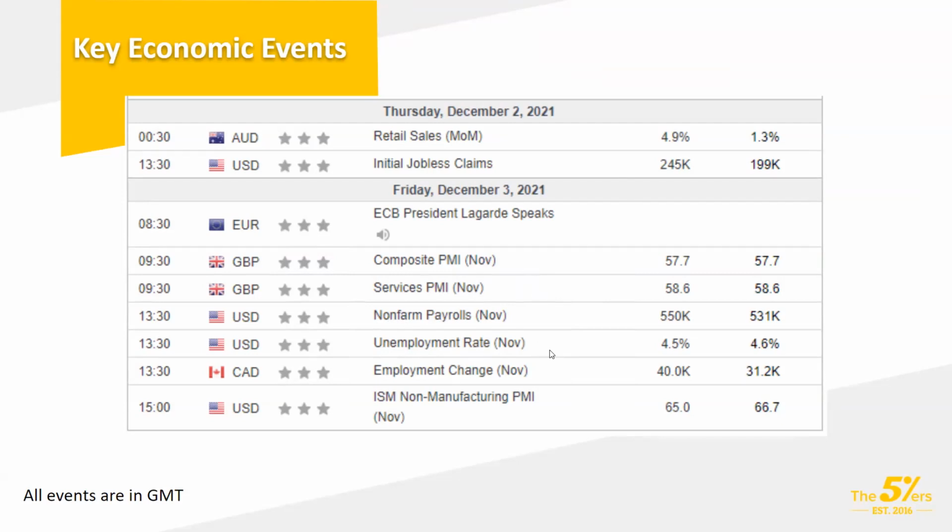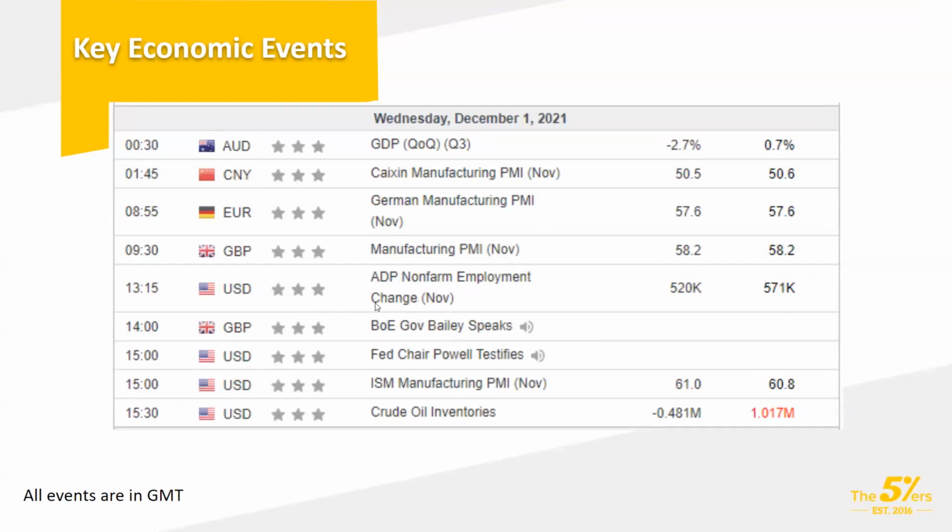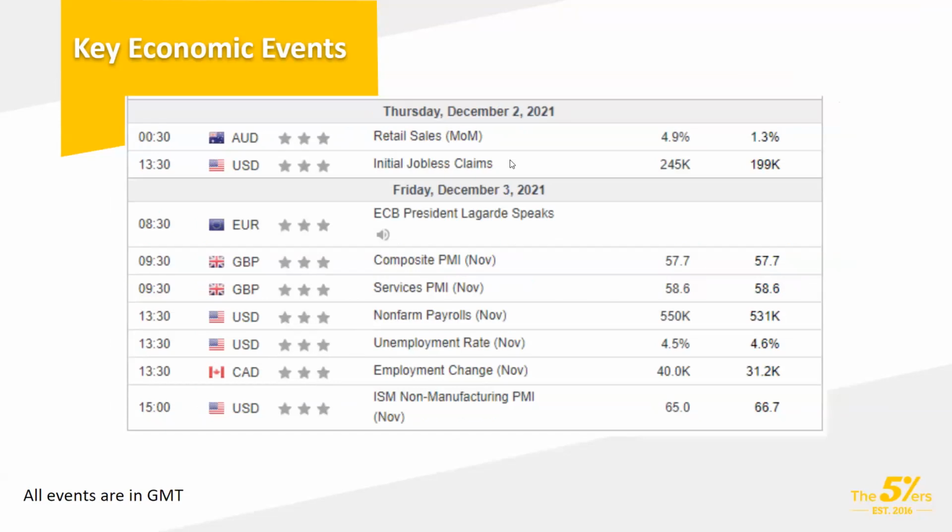So, you know, those of you who are not in the market, unless you're news traders, be careful with entering just before this data comes out, and be careful of too tight stop losses, or getting hit by spikes and widening spreads. So these are the main economic events for this week. Again, Wednesday, very interesting with a non-farm employment change, with some manufacturing PMIs as well. And those of you trading Aussie, pay attention to the GDP data, and of course, non-farm payrolls.